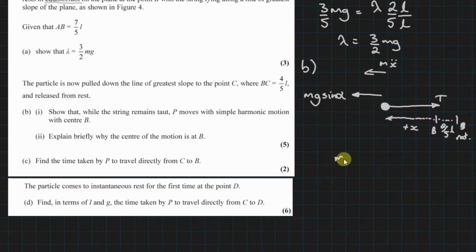So the m x double dot is a negative tension plus the weight equation.